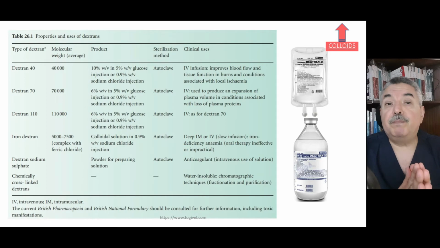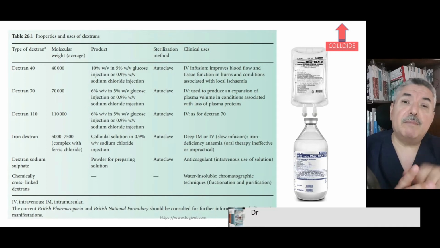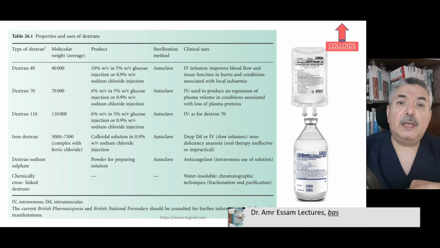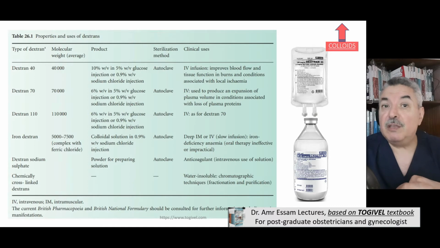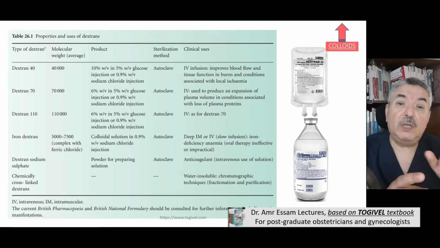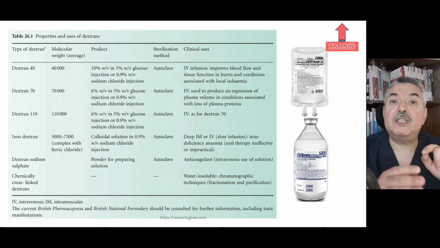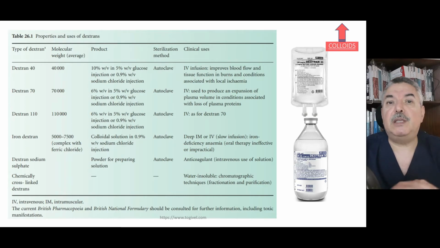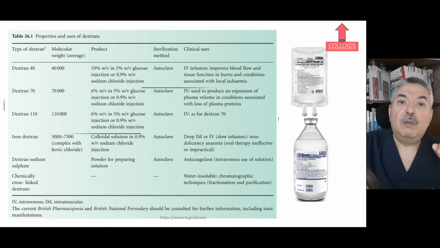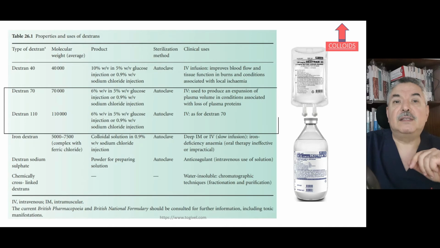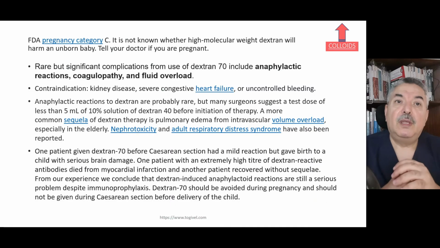I think you heard dextran before. Where? In the management of maternal anemia, the IV iron dextran. And we said then that it should be avoided because of the severe anaphylaxis it may induce. So again here, a dextran molecule may lead to anaphylaxis and anaphylactic shock.